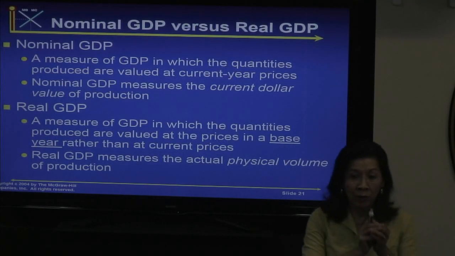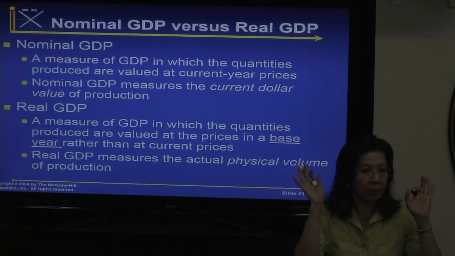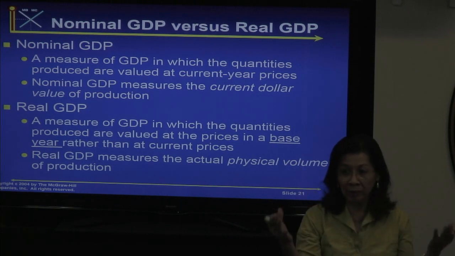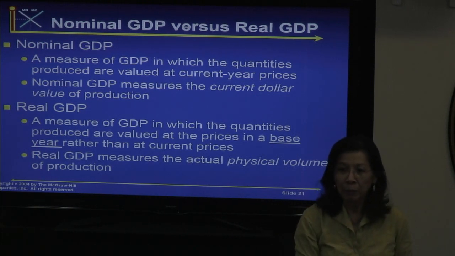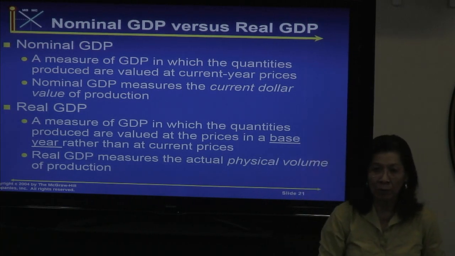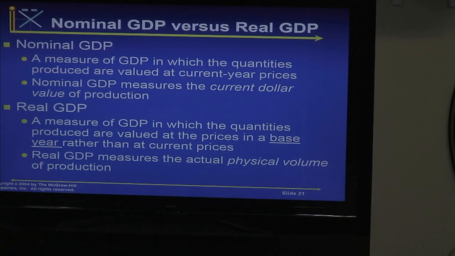You want a year that's free from all these economic problems. You will not want to pick 2007 because that's the beginning of the so-called Great Recession. You want to pick a good year. Let's see what other good year. 1984, second term of President Reagan, that was good. 1986 was a good year. Okay, so that's what they do.